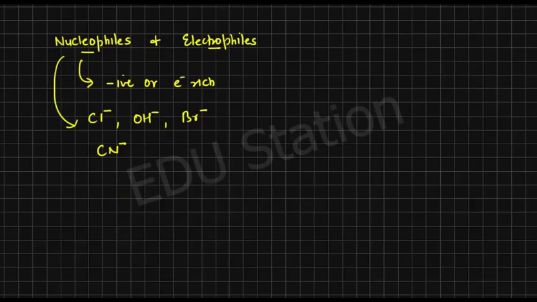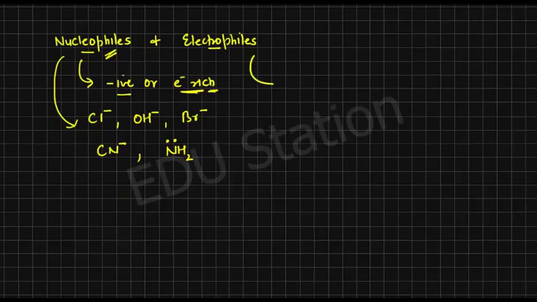Now, you may have something which is neutral, yet it can be a nucleophile. For example, NH2, it has a lone pair, so it is electron rich. This also acts as a nucleophile. So, if they are asked what are nucleophiles, negative or electron rich species are called as nucleophiles.